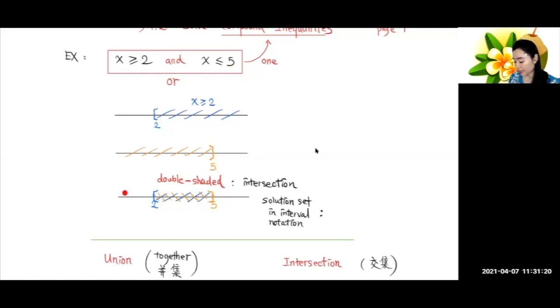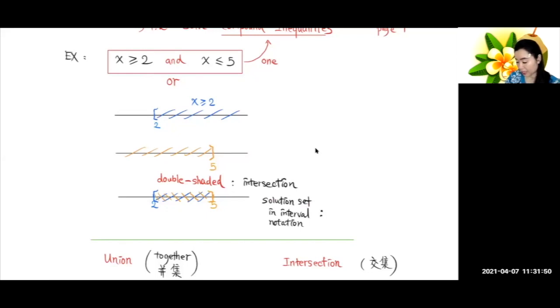If you look at the graph, the solution is the intersection, which is the double shaded part over here. The blue one and the orange one are double shaded here, and that's the intersection of these two. So the solution set will be from 2 to 5.